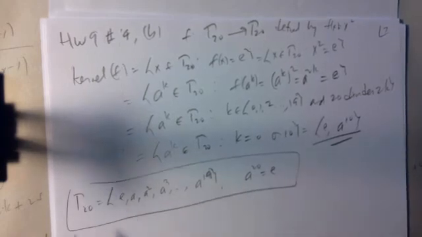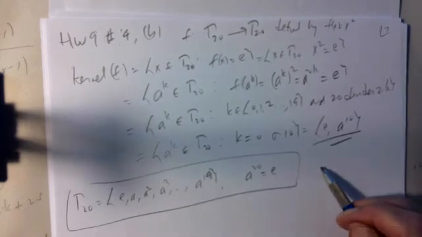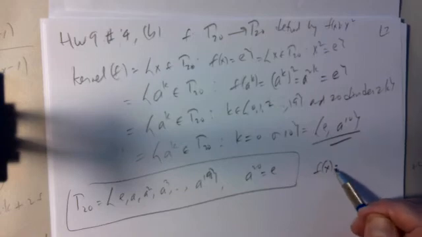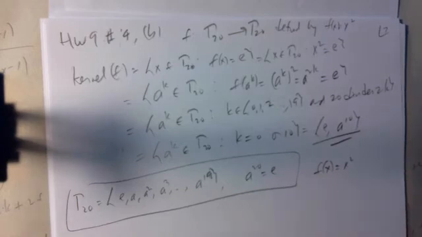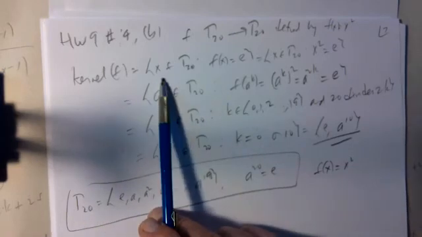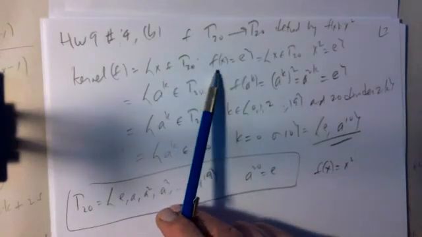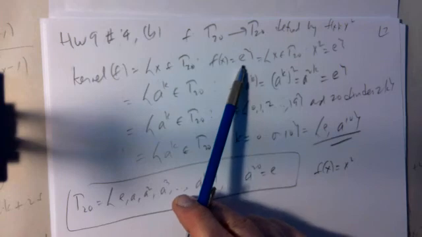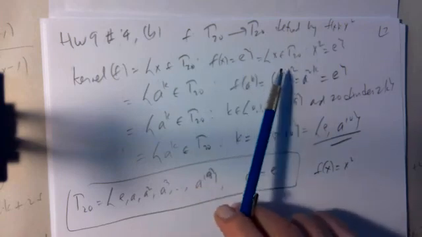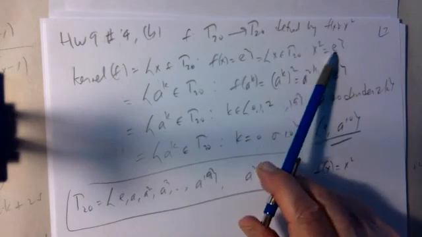That's the cyclic group of order 20. And the function f is f of x equals x squared. And we want to compute the kernel. The kernel means all the elements in the group such that f of x equals the identity. Or in other words, all elements x in the group such that x squared equals e.